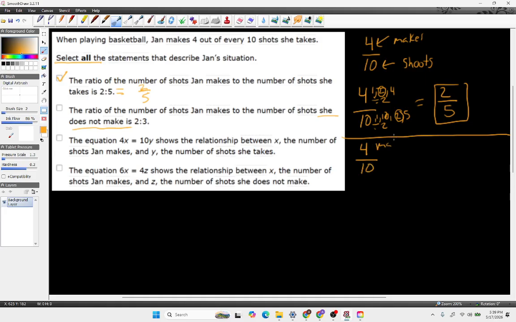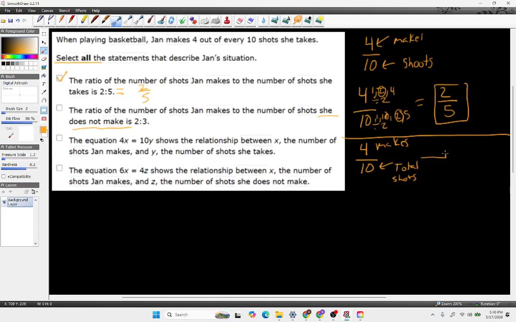This is how much she makes. This is the total basketball shots, okay? This ratio is saying shots made to shots she does not make. So in this scenario, if she makes 4, she does not make 6.